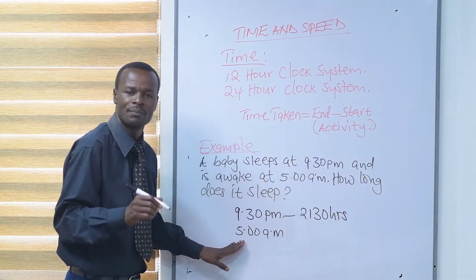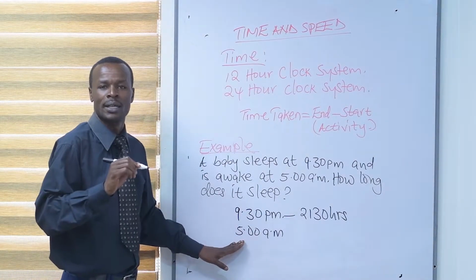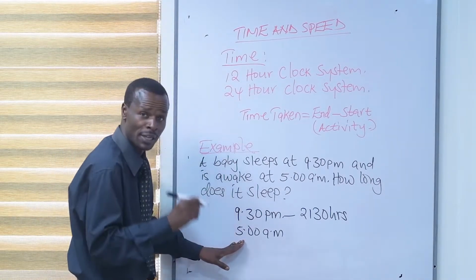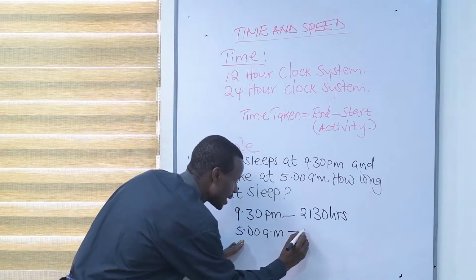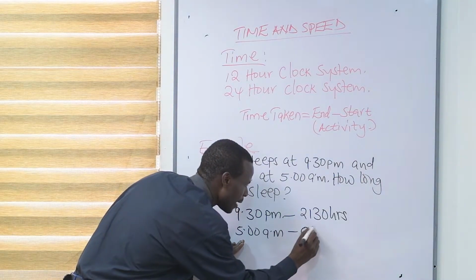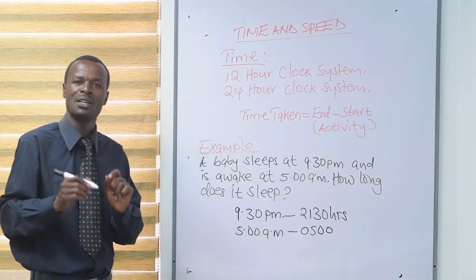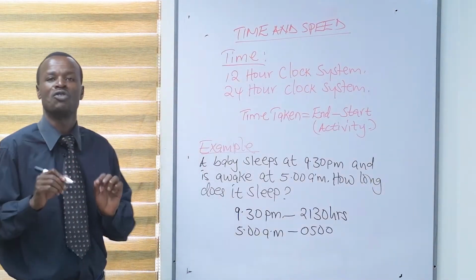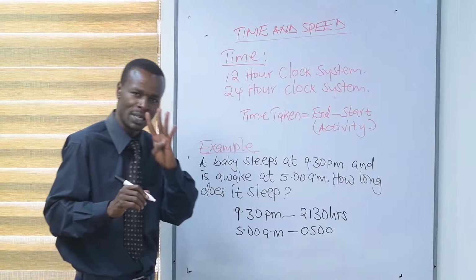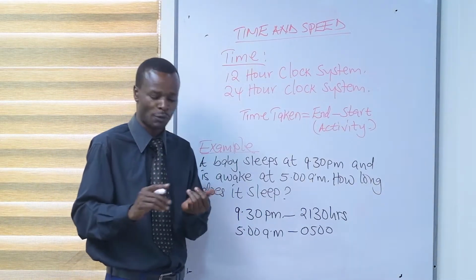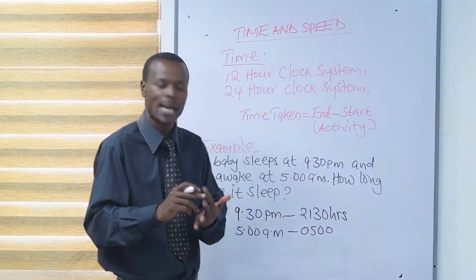And then convert this. Time in AM does not change, neither do we add 12 hours, therefore it remains the same. However, it has to be in 4 figures, that is 0500. Note that time in AM does not change. It has to be in 4 figures, especially if it is in 3 digits, except for 10, 11, and 12.